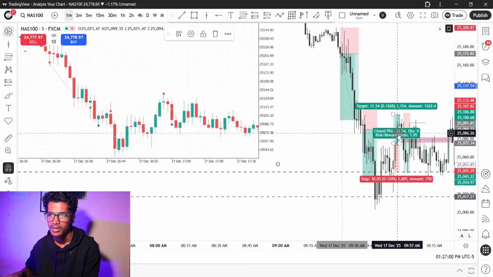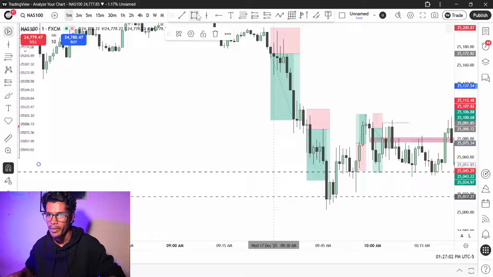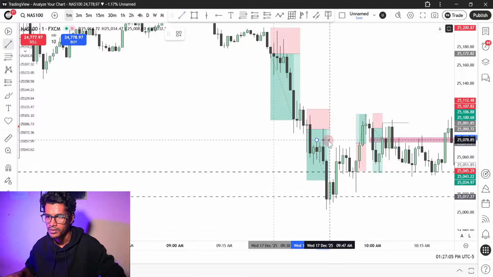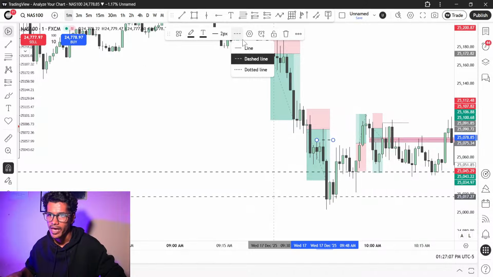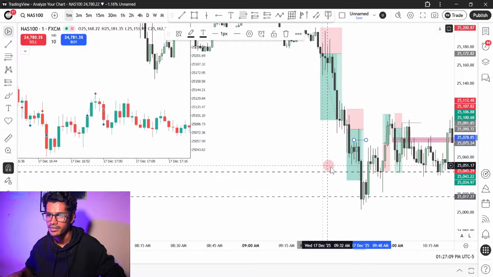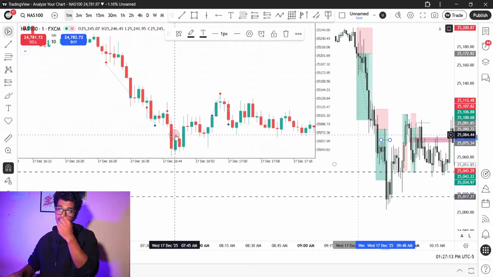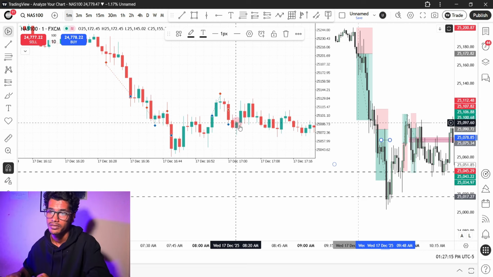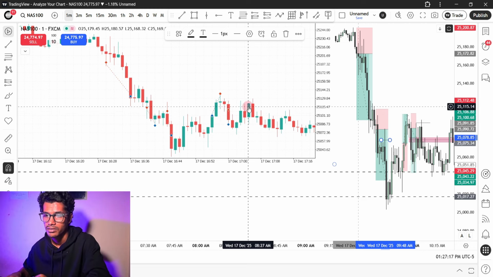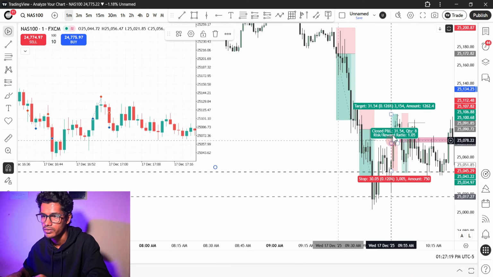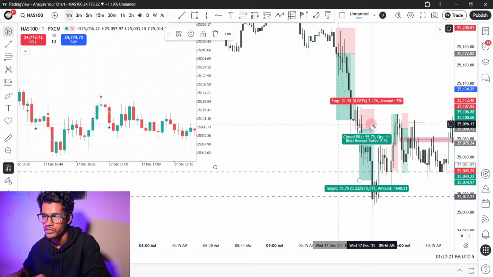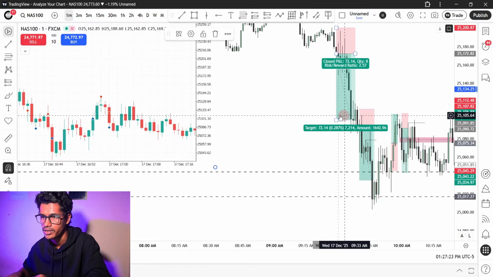Then again went in when we swept this high. When we swept that, I went in again, targeting that low, and I had my limit order there as well, so I got out there. Then the third one long here, targeting this internal high right here.